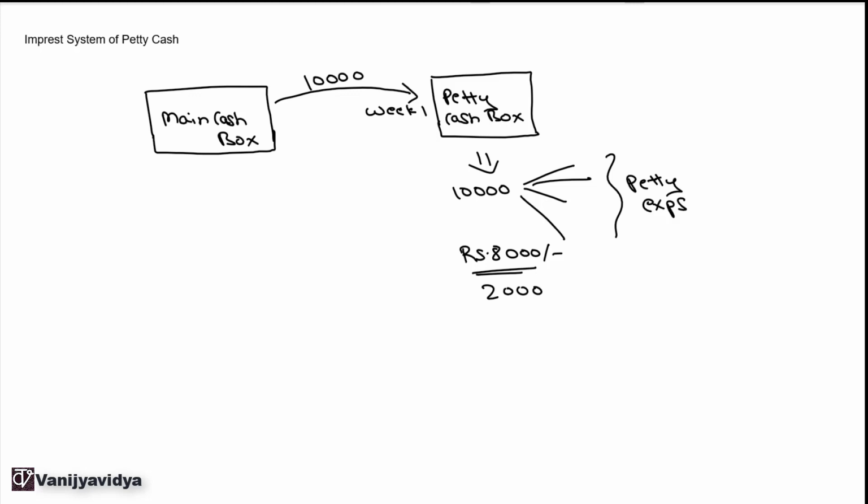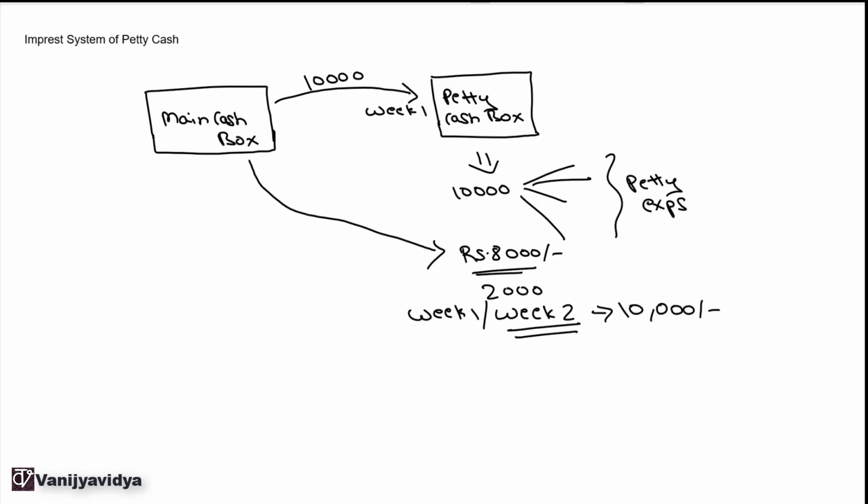So now this petty cashier will get a reimbursement of rupees 8,000 from main cashier at the end of week 1 or at the beginning of week 2. So at the beginning of the week 2, again the balance in the petty cash will be 10,000. Now this is known as Imprest system of petty cash.